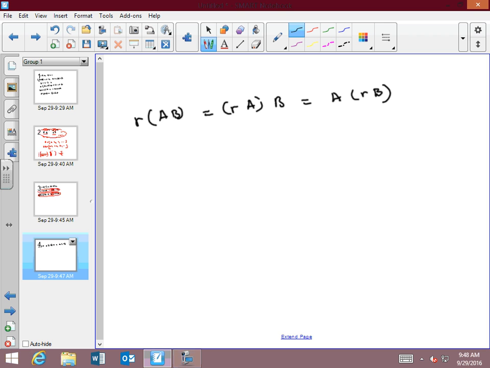But notice that R is a scalar. It's just a number out in front of the matrix where you're multiplying every one of the items in that matrix times that R. And that's different than multiplying a matrix times a matrix. So does that make sense? Okay.